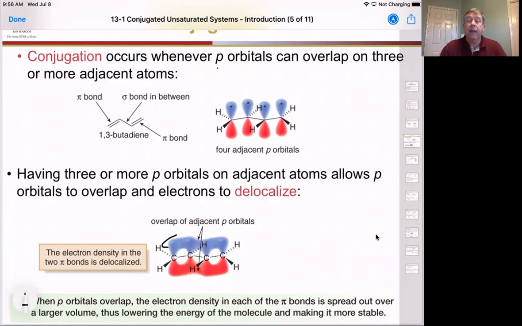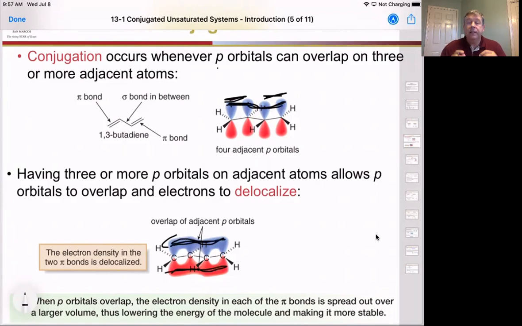When we have only a single sigma bond separating them, we can now have the overlap of the first double bond with the p orbitals of the second double bond if they are coplanar. Notice that all of these can blend together because they can all overlap to give us this pi cloud above and below.